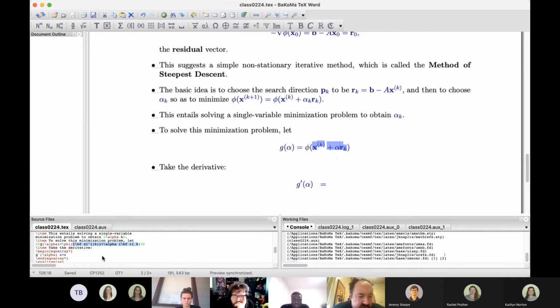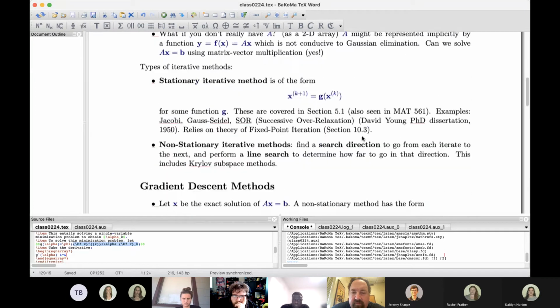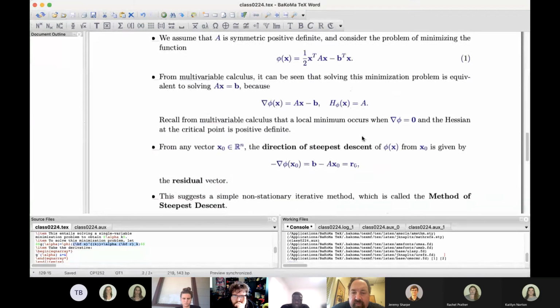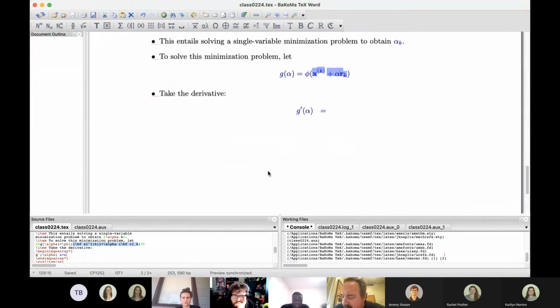So by multivariable chain rule, this would be equal to the gradient of phi evaluated at this same point, so I'll plug that in there.